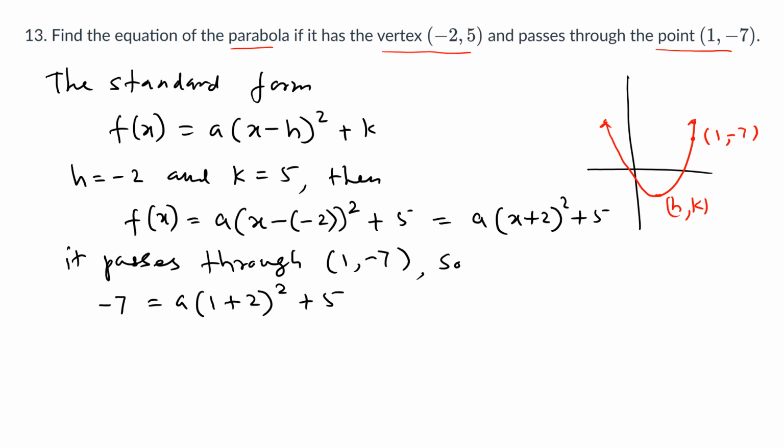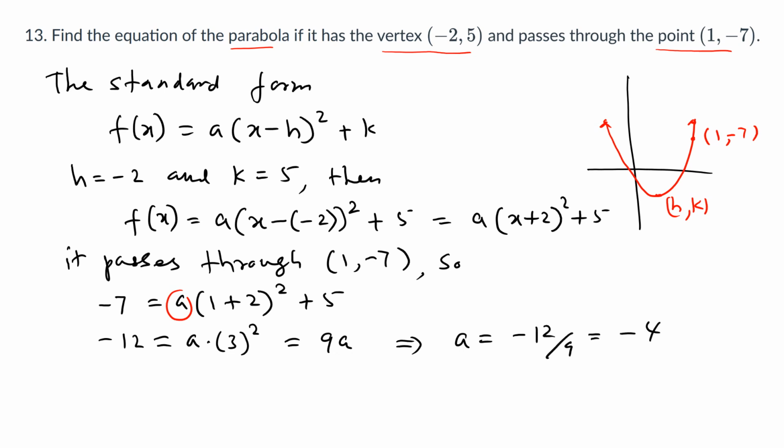That's not that difficult. We can move 5 to the other side, so you get -12 equals a times 3 squared, so 3 squared means 9a. So this says that a equals -12 over 9. The 3s get cancelled, you get -4/3. So that is the a value.